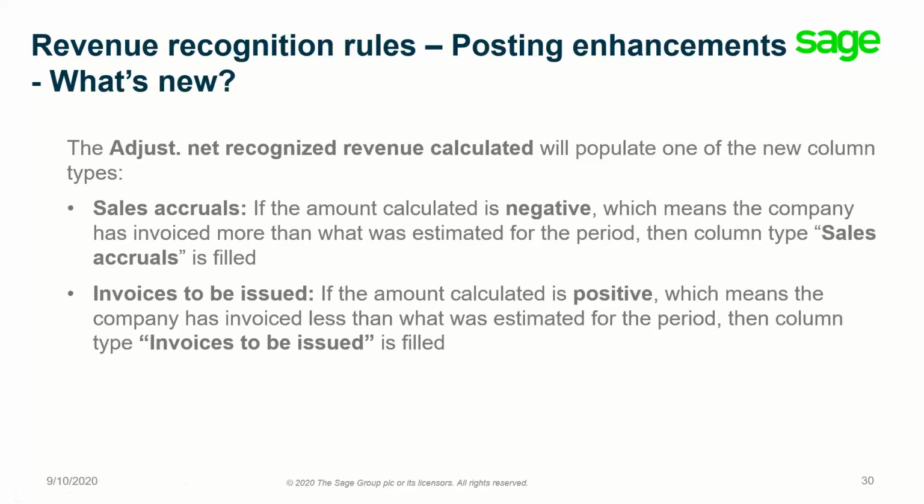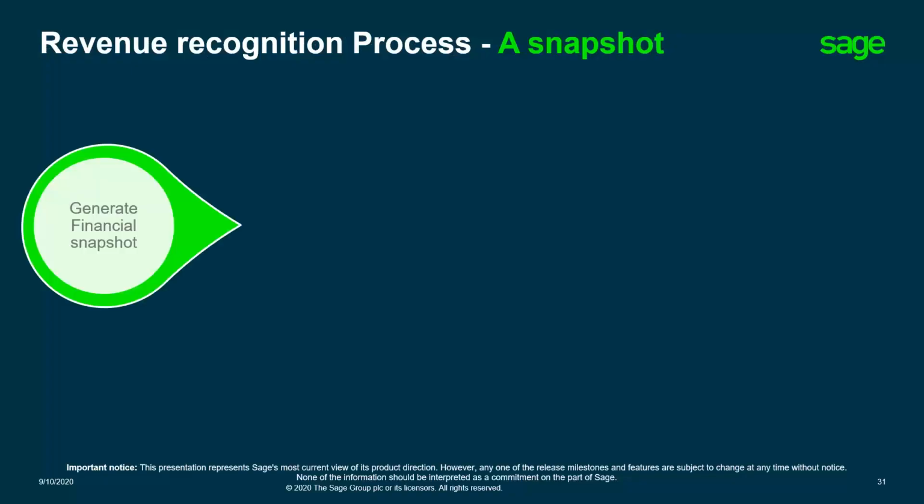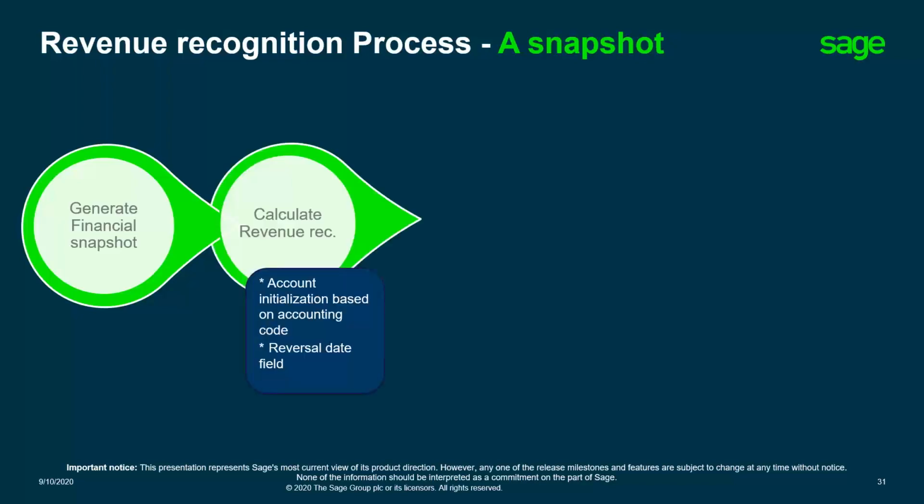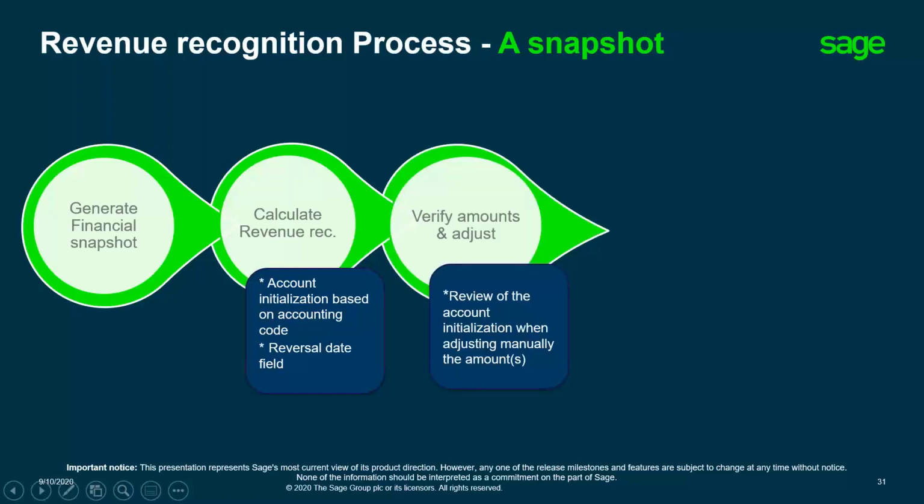Okay, so again, there is a snapshot that I have prepared for you to follow me a little more easily. Of course, to calculate revenue recognition, I have to generate my financial snapshot, and then I will run the calculation where, thanks to the posting enhancement, the automatic journals, and also some presettings, the system knows which GL account it should initialize for my journal entries.